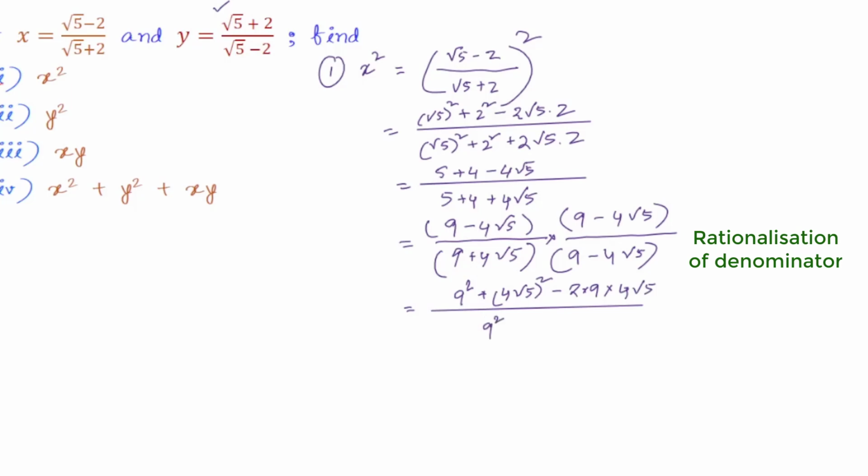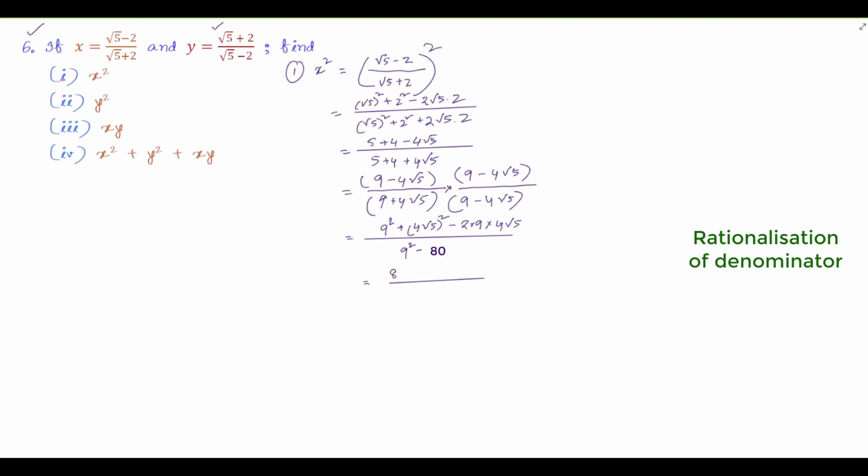So 9 square is 81, plus 4 root 5 squared: 4 square multiplied by 5, so it will be 80, minus 2 multiplied by 9 multiplied by 4, that is 72 root 5, divided by 81 minus 80, so the denominator will be 1.